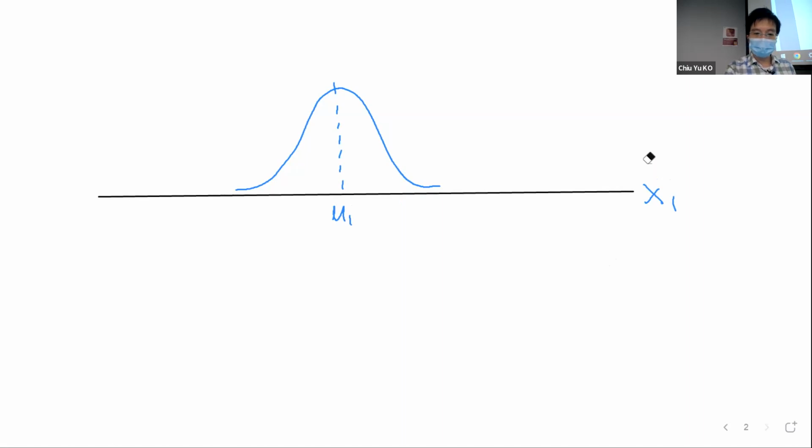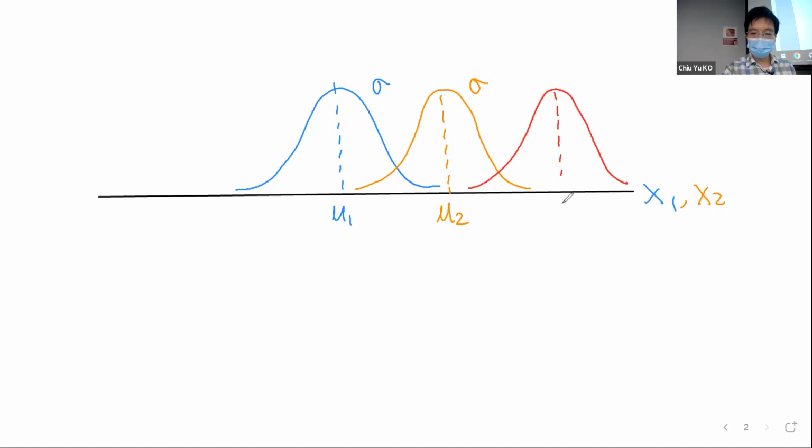Maybe I use x1, not x bar 1, because it will give us the same variance and is easier to see. I also have another one here, this is mu 2, and this is x2, which has the same variance as you can see. And I may have another one, mu 3, with the same sigma here, x3. And maybe 0 is here. Let me draw 0 here.